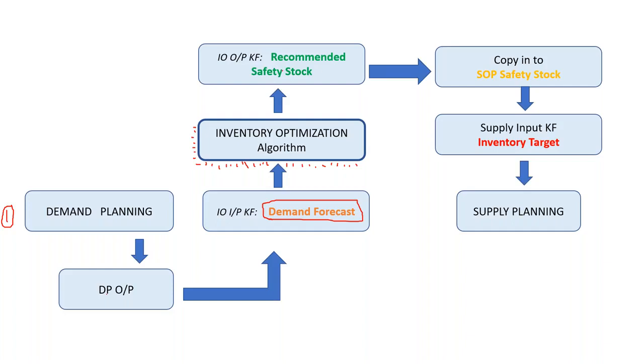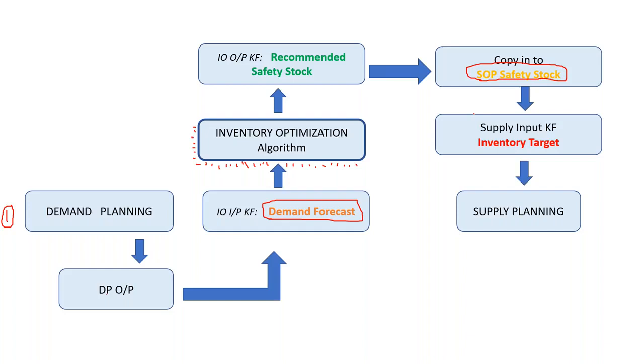Now you can copy that recommended safety stock into another key figure called SOP safety stock. What is this SOP safety stock key figure? SOP safety stock key figure is sales and operations planning safety stock. This topic we're going to cover tomorrow.